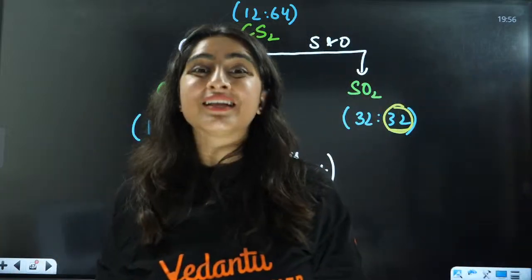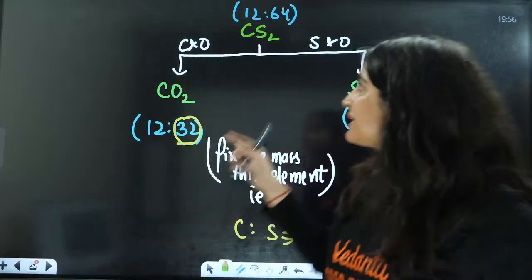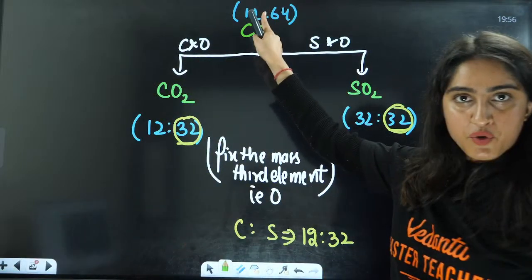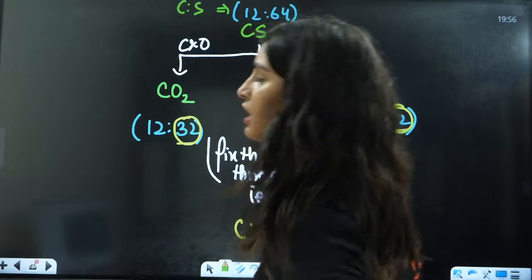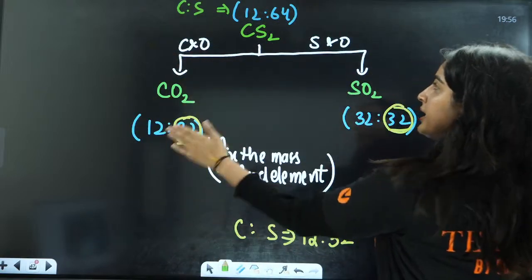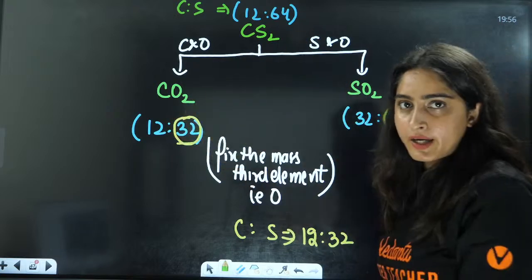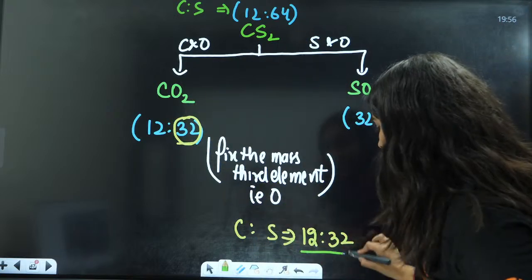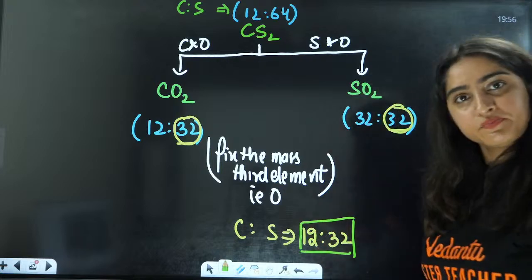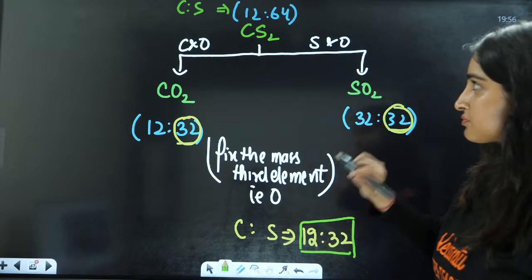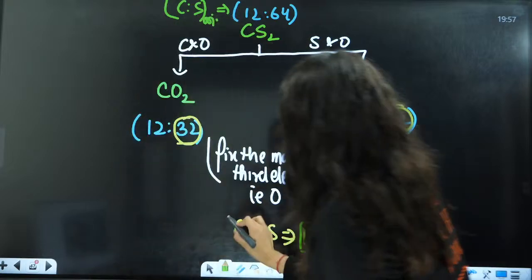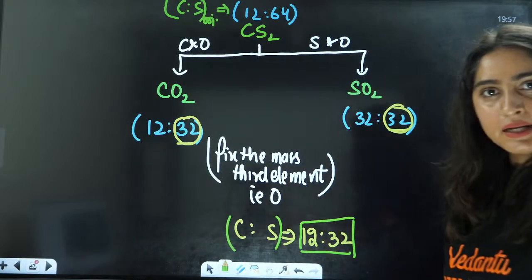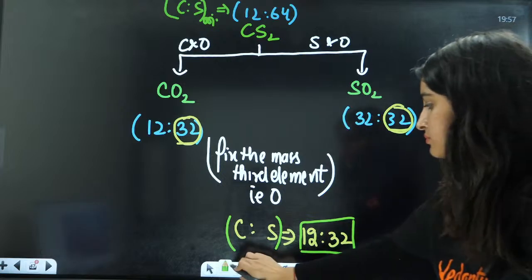When carbon and sulfur directly combine together, they are in the ratio 12 ratio 64. But when they combine with the third element, after fixing its mass, the ratio is 12 ratio 32. This is the original, and this is the given.